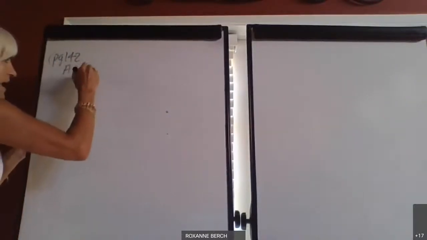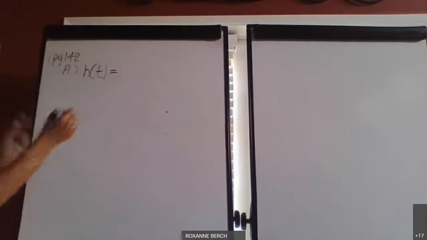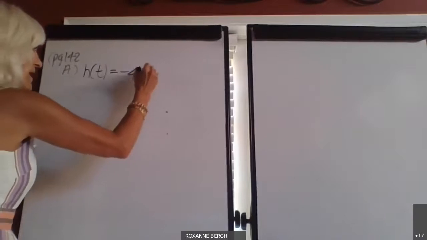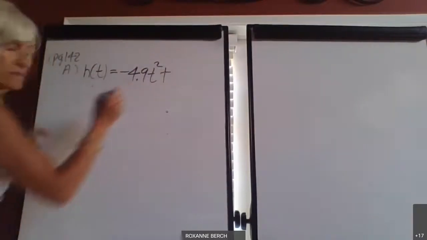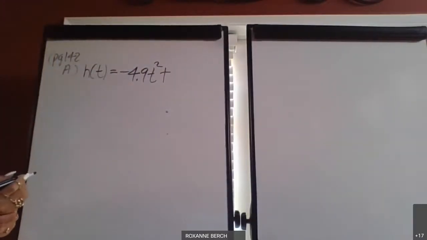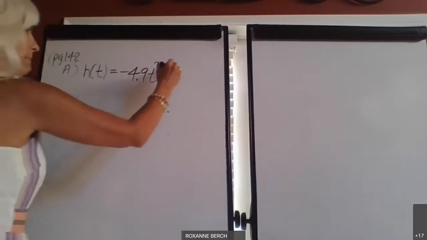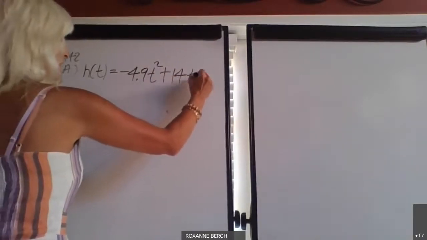All right, let's go a little bit slower. It was modeled by h of t is equal to negative 4.9t squared plus 14t plus 2.